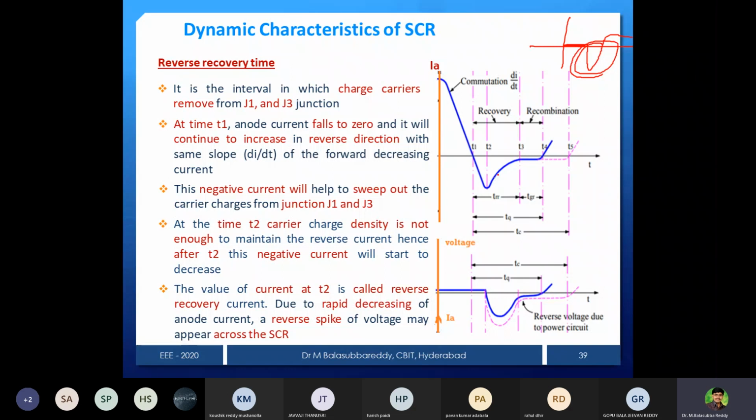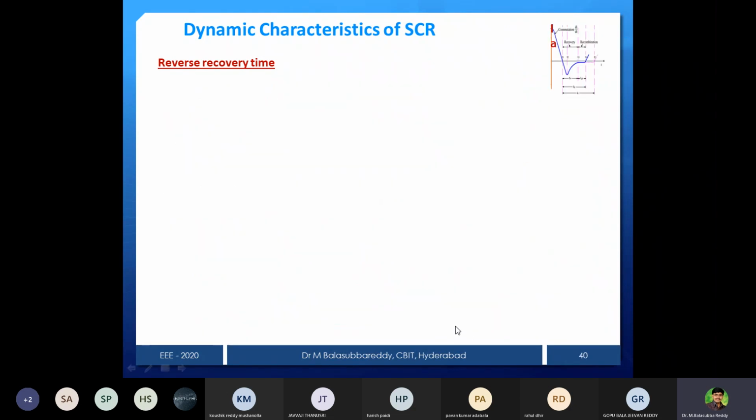Because the current is sharply reduced, a spike is obtained in the voltage across the device. That's what we mentioned: rapid decrease of the anode current gives a reverse spike of voltage across the device. Here we have shown the spike a little bit smoother, but normally it will be something like a spark.